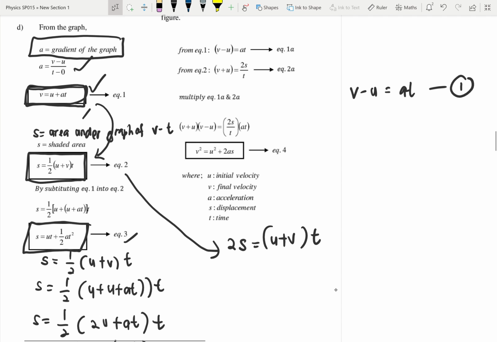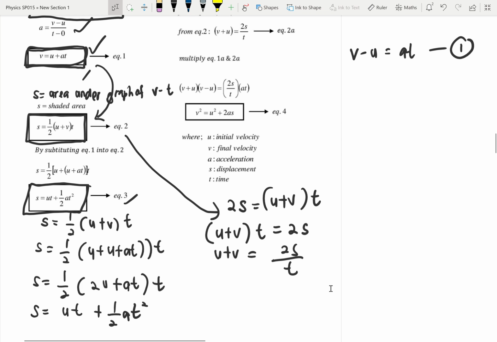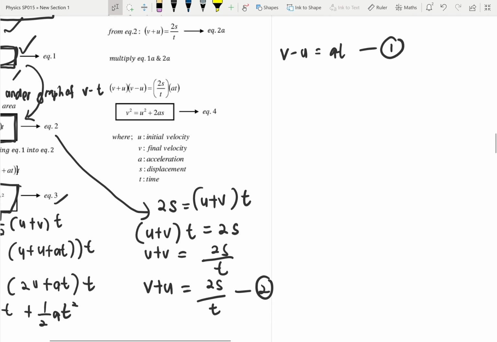Then let u plus v be the subject: u plus v times t equals 2s, so u plus v equals 2s over t. You may also write it as v plus u equals 2s over t. This is the arranged equation 2.